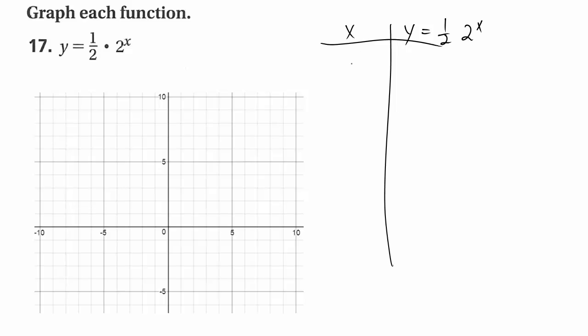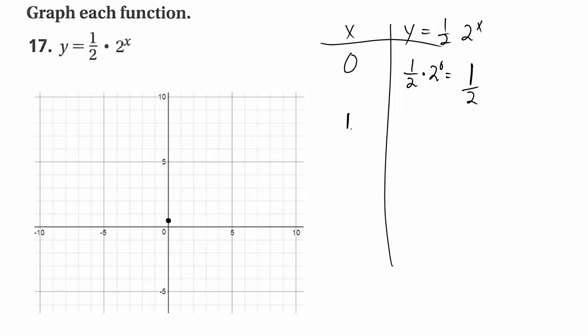Let's start with x equals 0. When x is 0, well, I have 1/2 times 2 to the 0. 2 to the 0 is 1, so when x is 0, the y value is 1/2 times 1. So we can plot right there. It's not that hard to plot 1/2. I mean, you just go between the 0 and the 1, right?